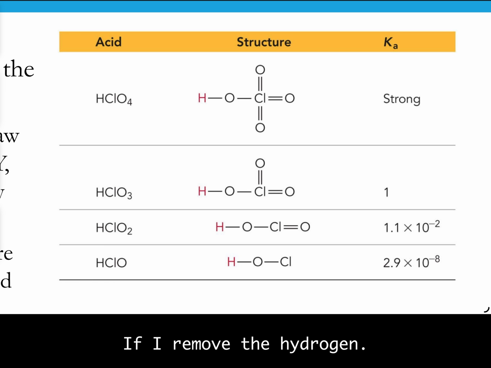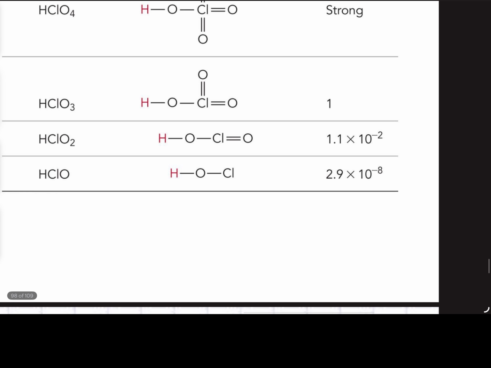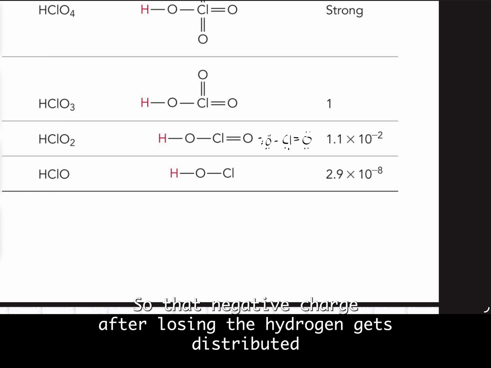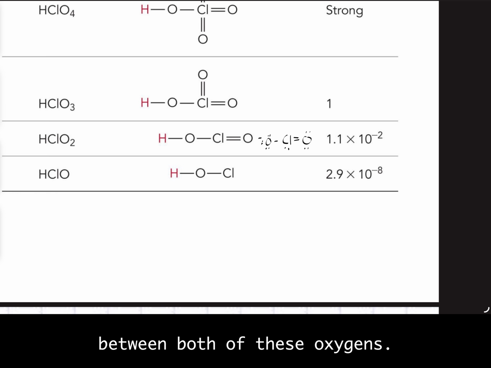If I remove the hydrogen, the anion is this, which now has resonance. So that negative charge, after losing the hydrogen, gets distributed between both of these oxygens.